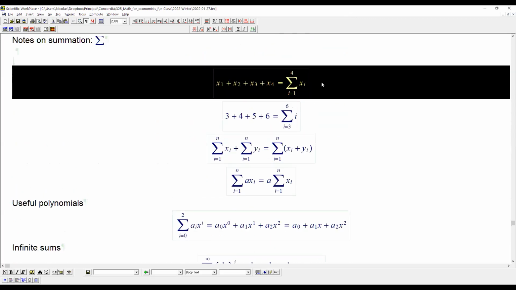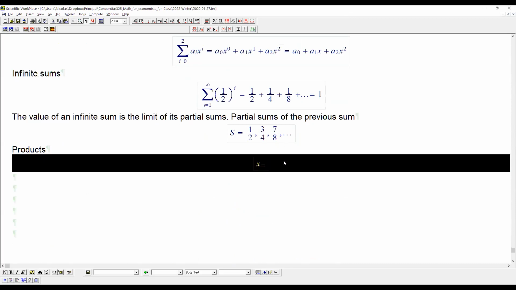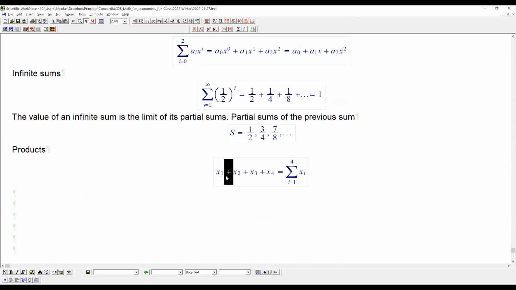So let's just use the first example there: x1 multiplied by x2 multiplied by x3 multiplied by x4. So that's the same, it's just that you express it this way. This is useful for many things.